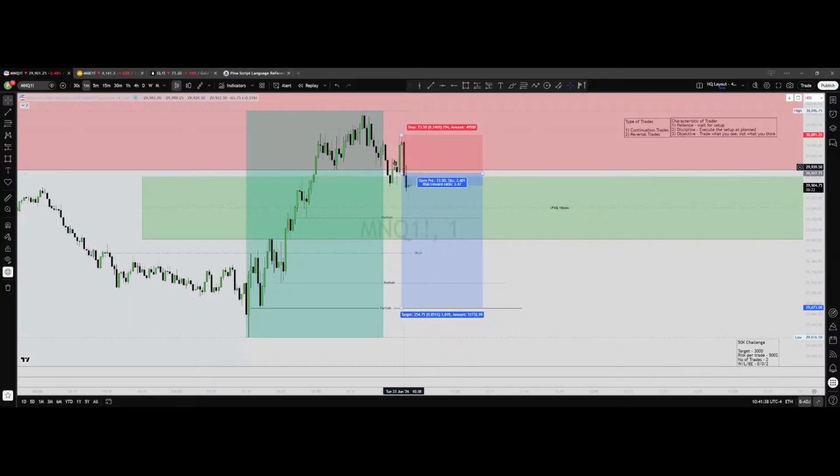So at a point we were up 80 points in this move. We were also up 50 points in this move. I'm still going to wait.